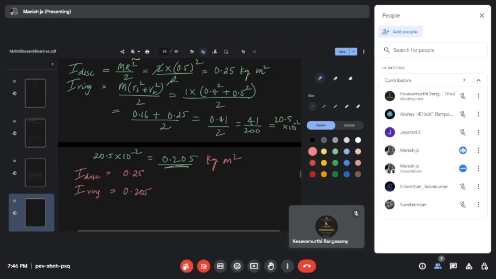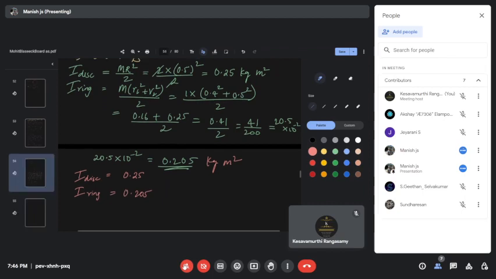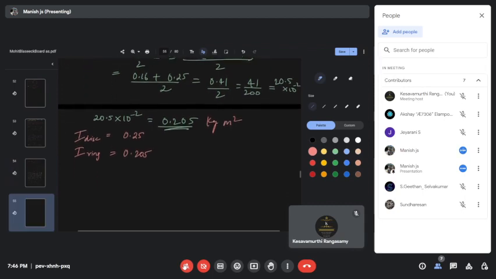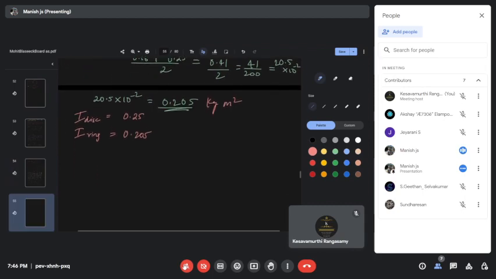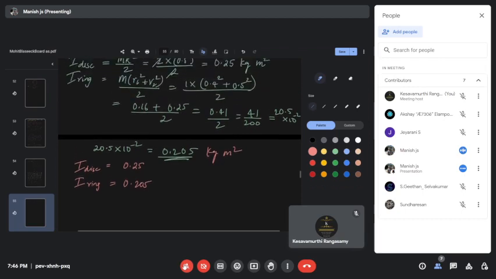Now we need to apply the law of conservation of angular momentum. You know that momentum is going to be conserved, right? So by the law of conservation of angular momentum, the angular momentum would be equal. Let me scroll up to the question.